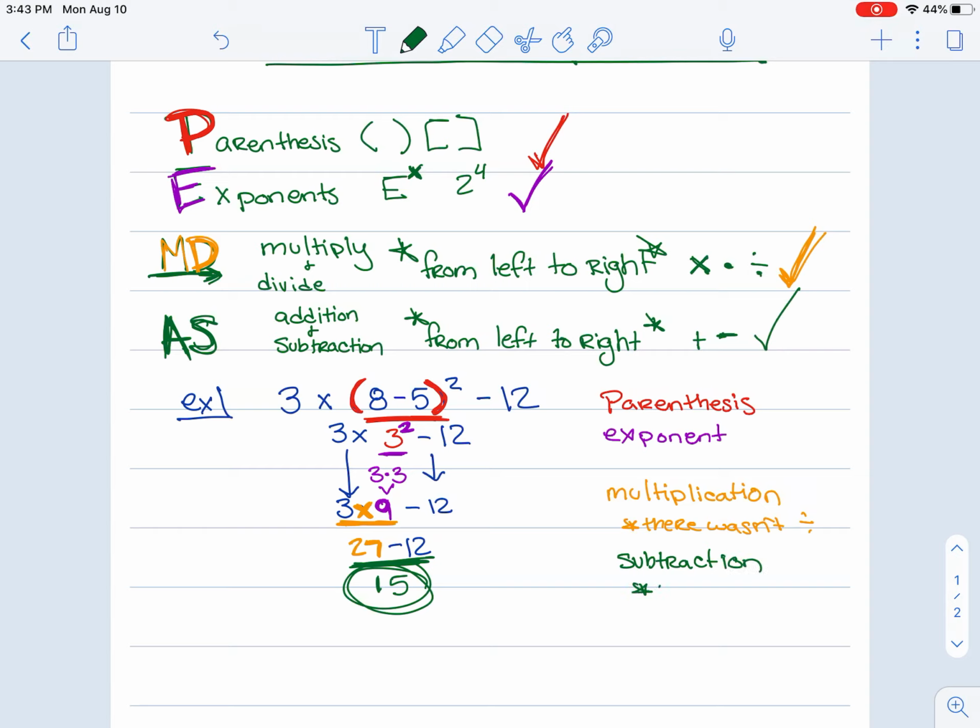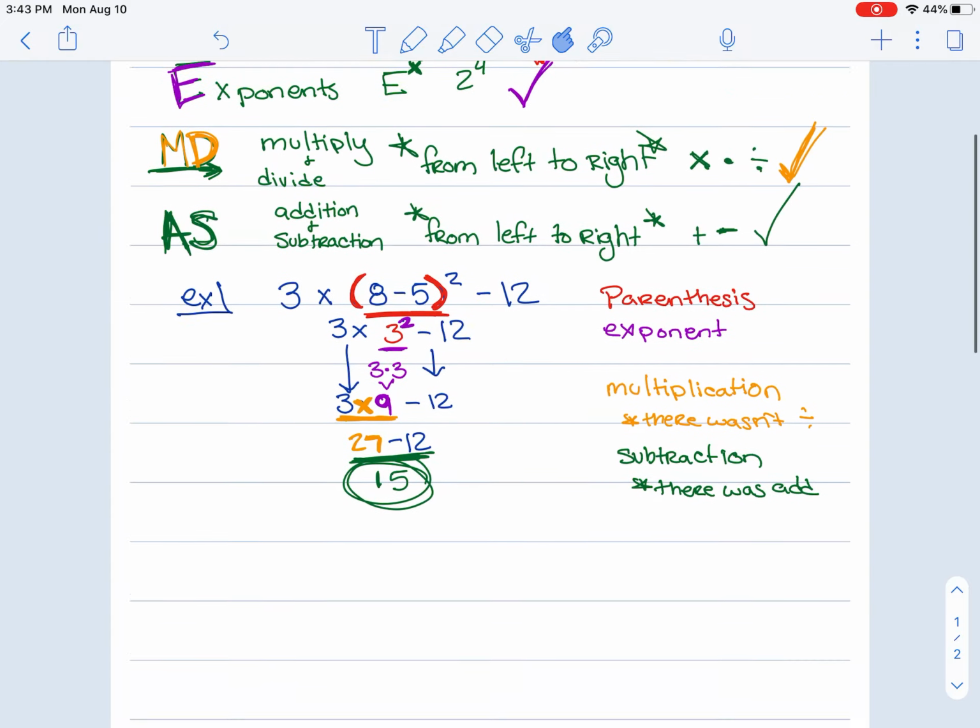And I'm going to put a star. There wasn't addition. Okay, so that's kind of how I'm taking notes on my stuff. And I'm going to do a few more examples for you.